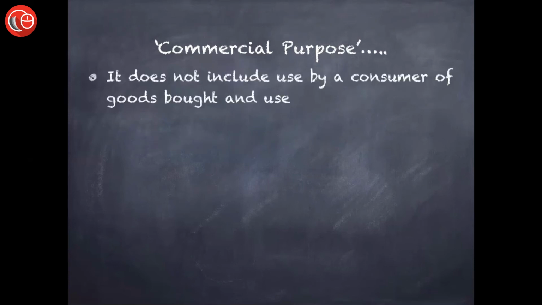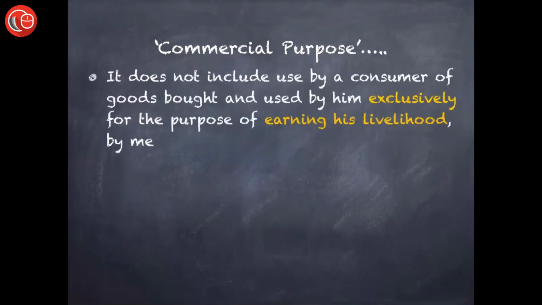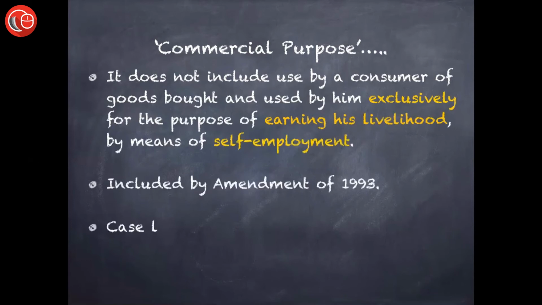So it says that commercial purpose does not... Now here there is another exception to the meaning of commercial purpose. It says that commercial purpose does not include the use by a consumer of goods bought and used by him exclusively for the purpose of earning his livelihood by means of self-employment.